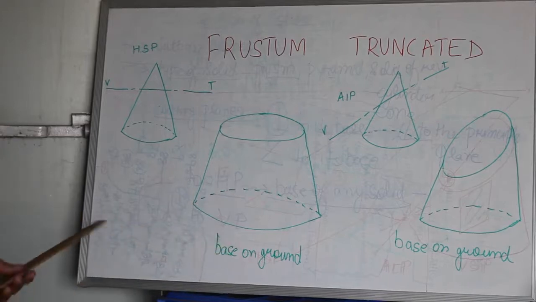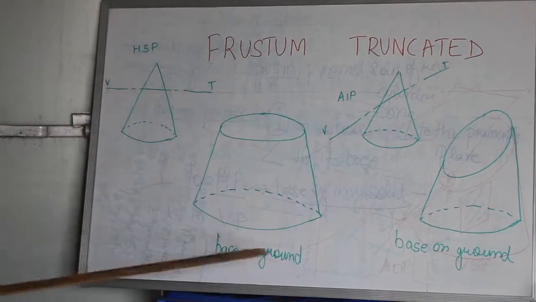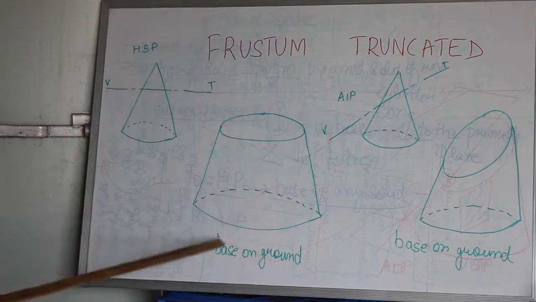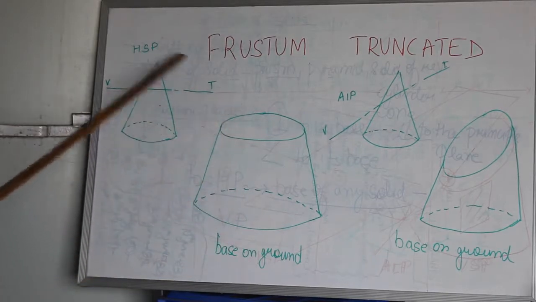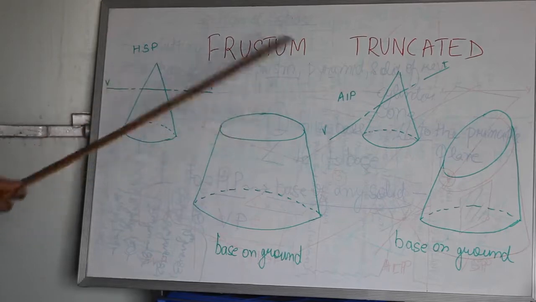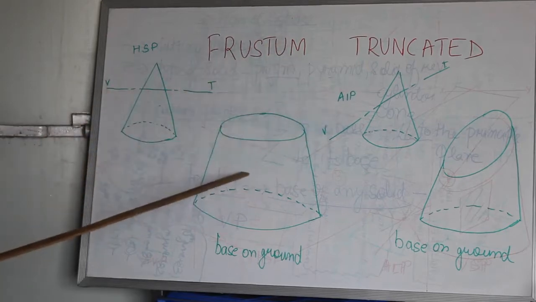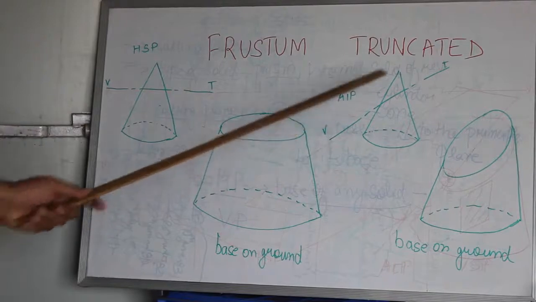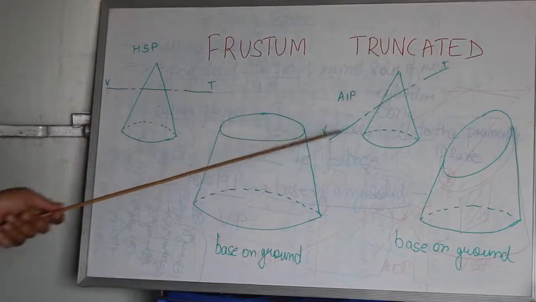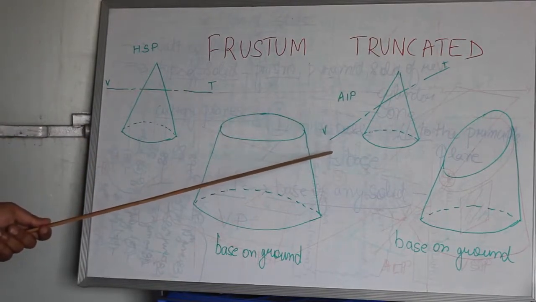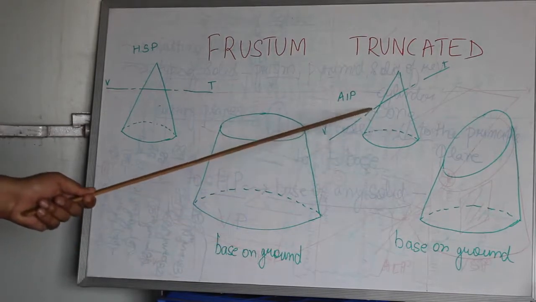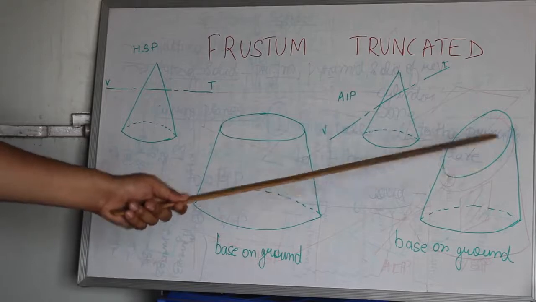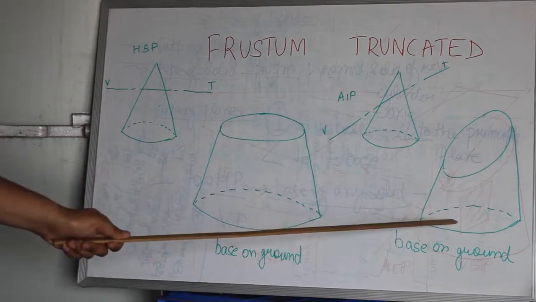Alright, so in this case we are showing the solid resting on the ground on its base, and we are taking a horizontal section plane. It is creating a frustum of the solid like this, and second, it is generating a truncated solid if the base is on the ground or on HP, like this in the picture.